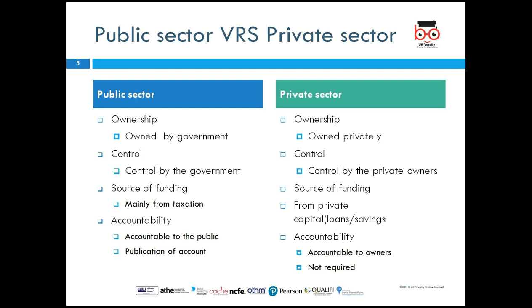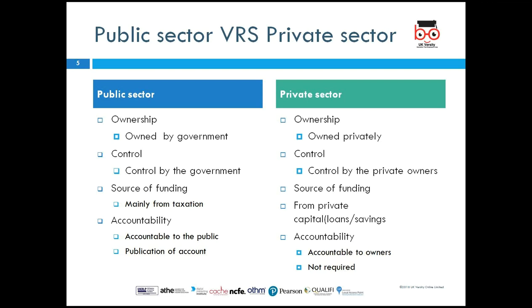In the case of the private sector, we have people getting loans and savings, borrowing from different areas and using them to start their business. So that is the source. Again, to distinguish the private sector from the public sector, the public sector is accountable to the public. Why?